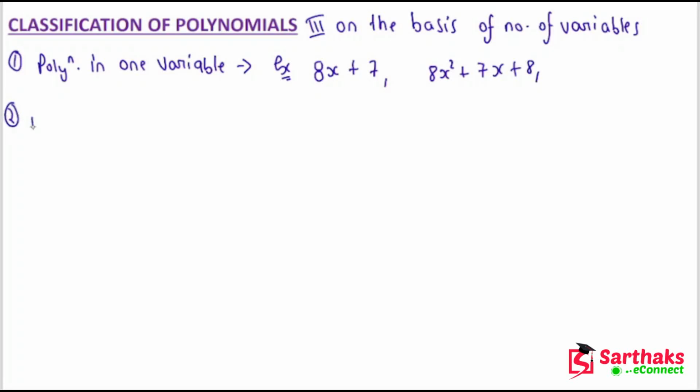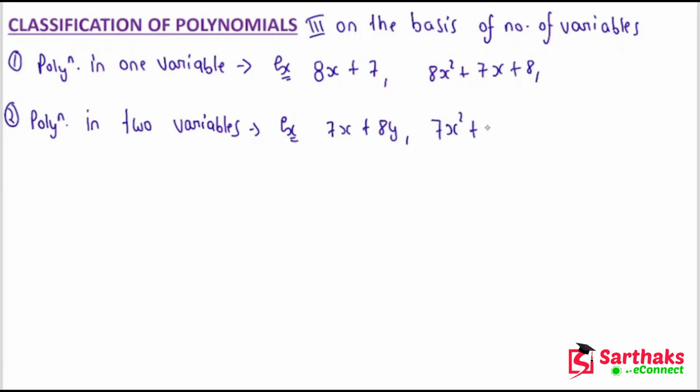Similarly, we have polynomials in two variables. For example, we can have 7x plus 8y, or we can have 7x square plus 6y square, etc. Clearly these polynomials have two variables, x and y, so they are polynomials in two variables.